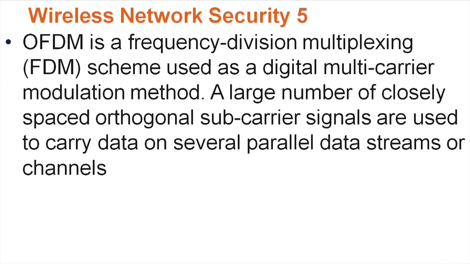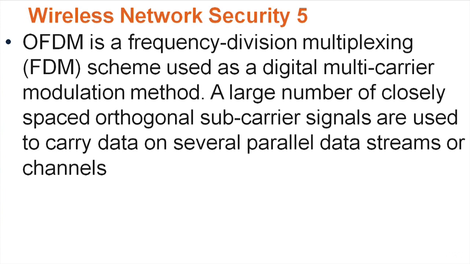So what is OFDM? It's orthogonal frequency division multiplexing. So an FDM scheme, frequency division multiplexing, used as a digital multi-carrier modulation method. A large number of closely spaced orthogonal subcarrier signals are used to carry data on several parallel data streams or channels. So just know that's what it is for the test.